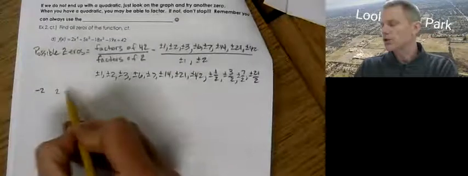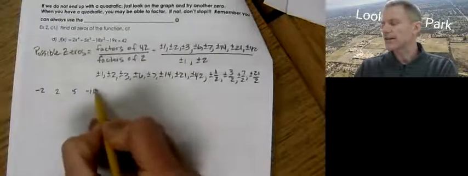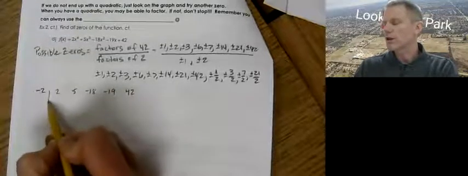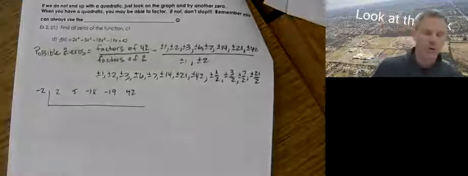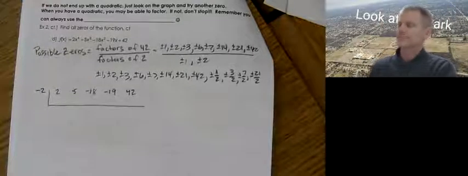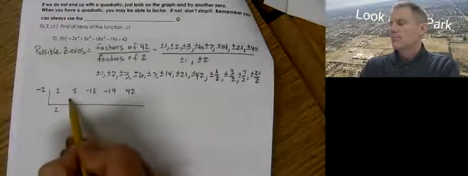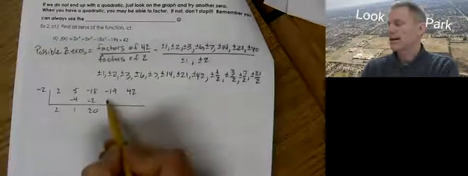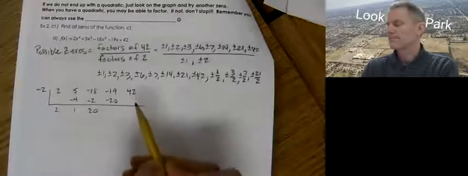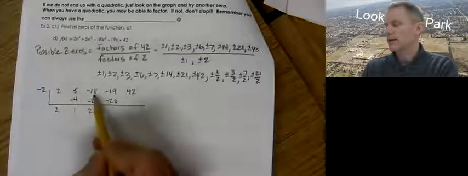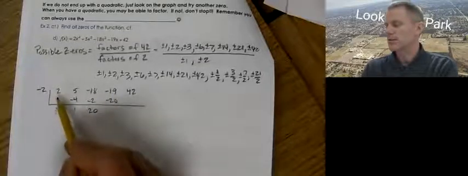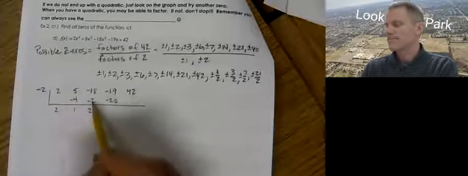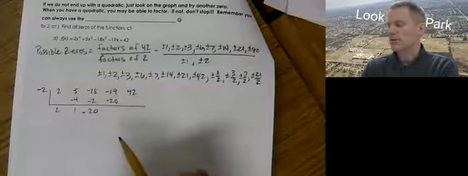So we're going to bring down 2 and 5 and -18, -19, and 42. We're going to bring those down as our coefficients to each of our terms. Multiply. 2, 5, -18, -19. All right, just be sure I did this right. Multiply, that would be negative 20, right?